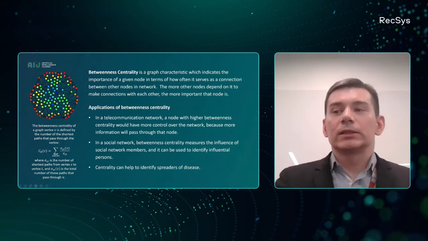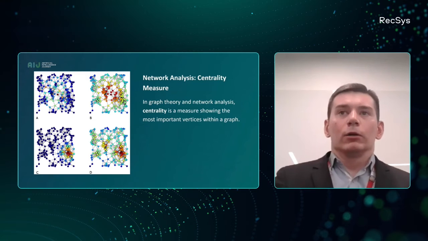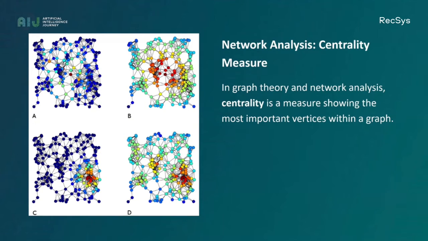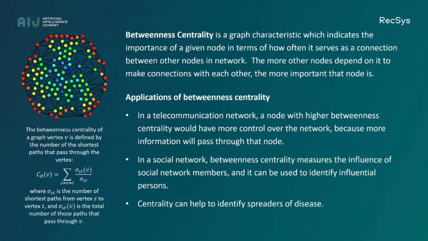Now let me give you a few cases from graph analytics. Centrality is a very popular measure, even a class of measures, in graph theory. There are many various definitions of the importance of a given node.